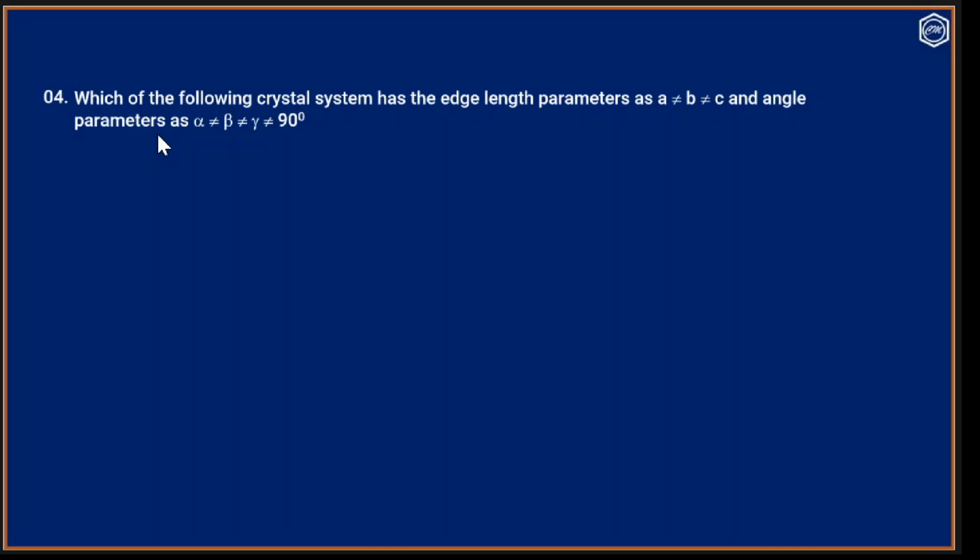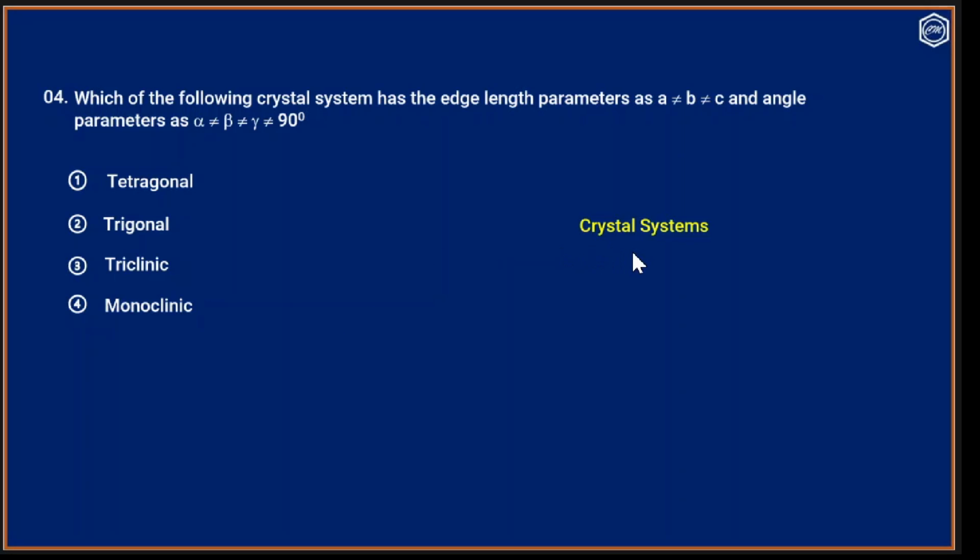Question 4. Which of the following crystal systems has the edge length parameters as a not equal to b, not equal to c, and angle parameters as alpha not equal to beta, not equal to gamma, not equal to 90 degree? Option 1 tetragonal, option 2 trigonal, option 3 triclinic, and option 4 monoclinic.